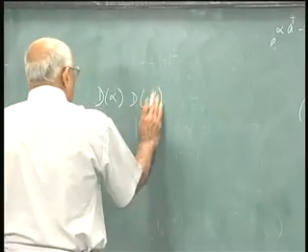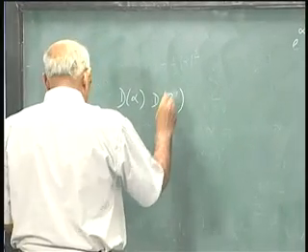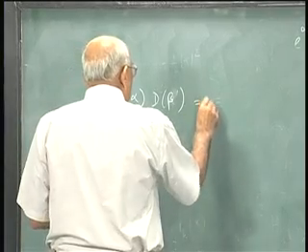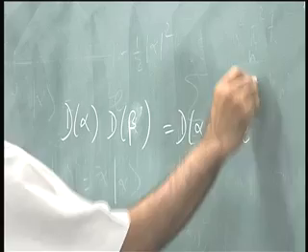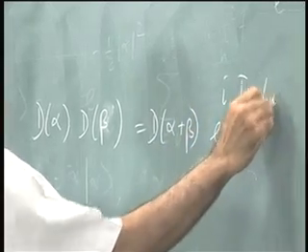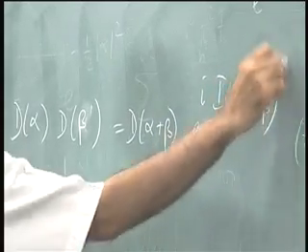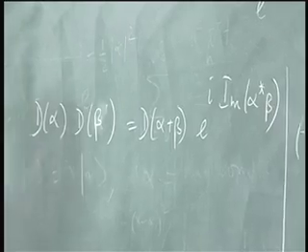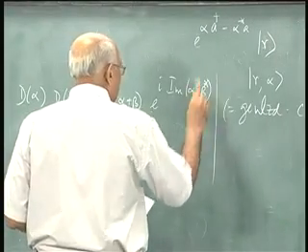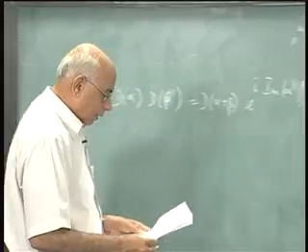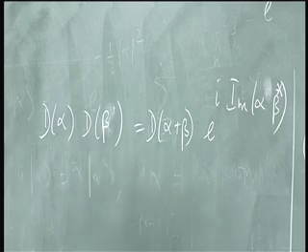D of alpha, D of beta is equal to D of alpha plus beta, times e to the i imaginary part of alpha star beta. So this is alpha beta star. It is fairly straightforward to verify this relation.